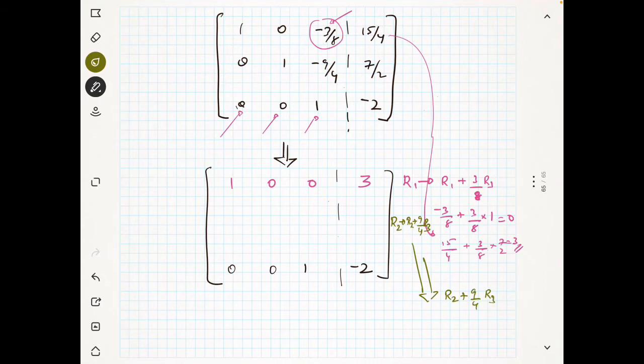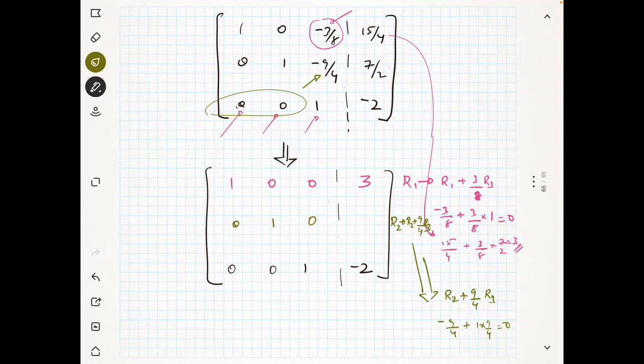There won't be any change for the other elements because in row 3 these two are 0. So this is 0, this is 1, and the third element becomes minus 9 by 4 plus 1 into 9 by 4. This becomes 0. That's the beauty.